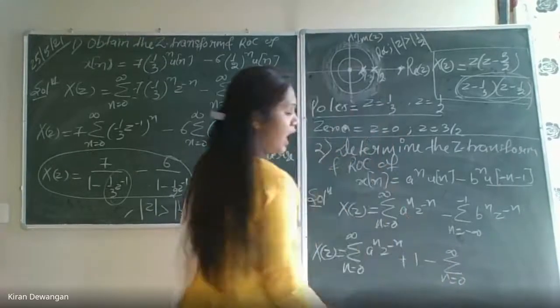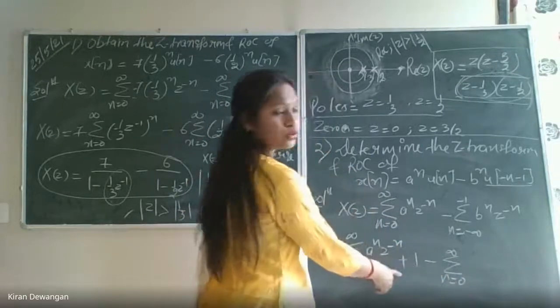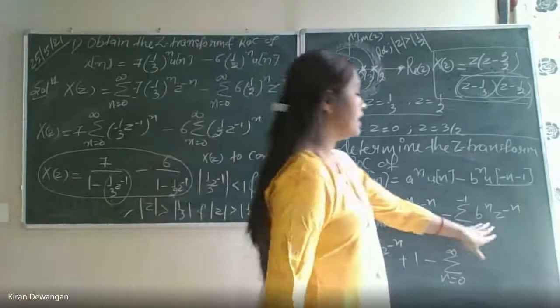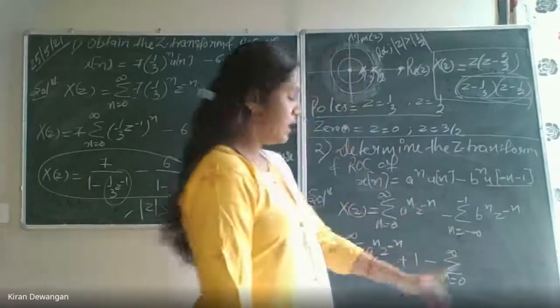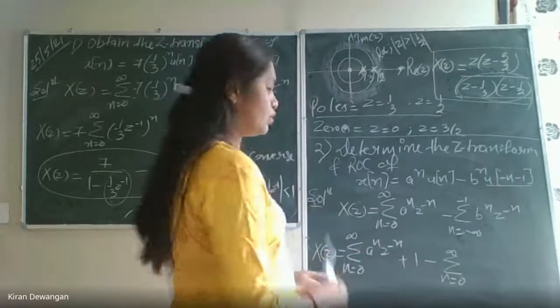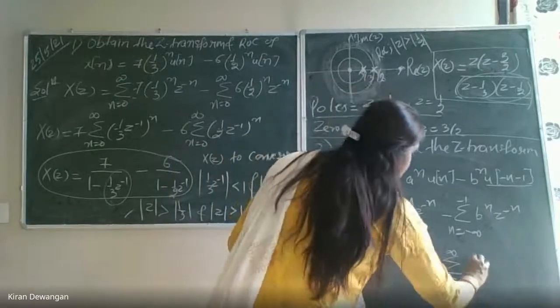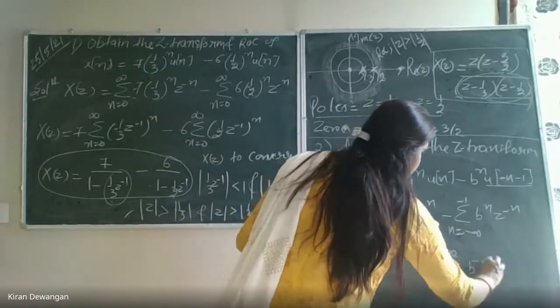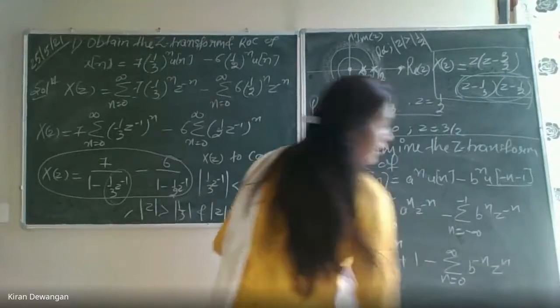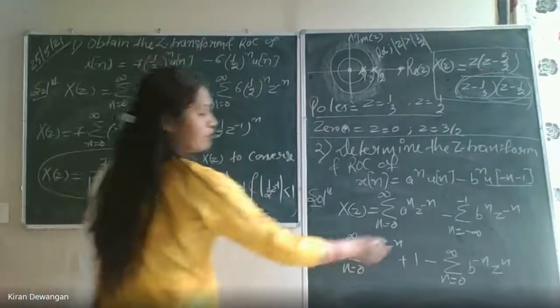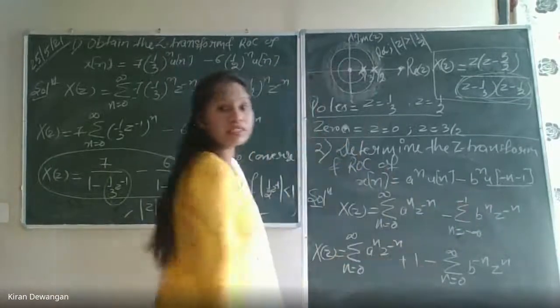Now since we are adding 1 inside it, so the 1 will be taken outside as well. N equals to 0 पर the entire term will become 1. Hence we have to take 1 outside it also. So this becomes 1 minus summation b to the power minus n z to the power n. ठीक है? So this is going to be our final summation after making changes in the second term.